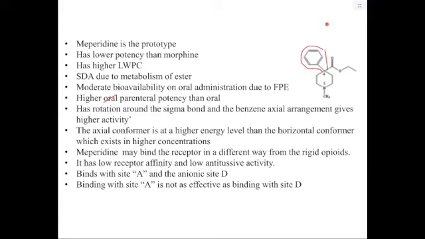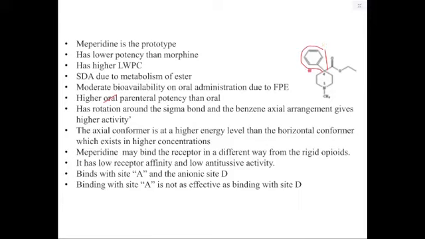It was found that when it is axial, it has maximum binding on receptors D, C, and B than when it is horizontal. But unfortunately, the axial conformer has higher energy than the horizontal conformer. So you will find that the concentration of the axial conformer, which optimally binds the receptor, is much lower than the concentration of the horizontal conformer, which does not bind the receptor well.